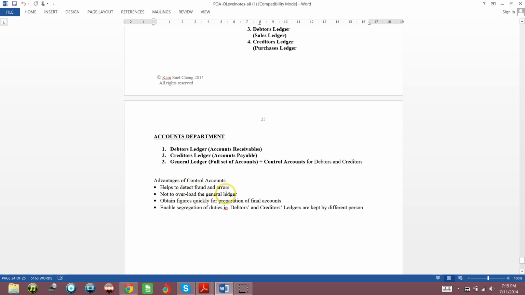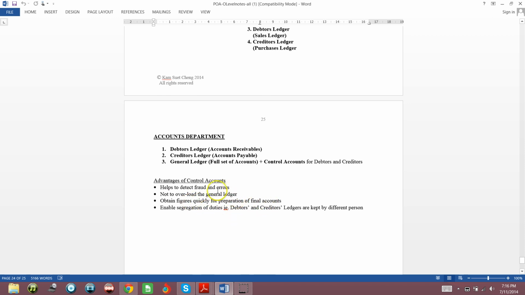It is to help detect fraud and error, and not to overload the general ledger with too many individual debtors or creditors accounts. If your company is very small, you only have 3 debtors and 2 creditors, you can put them in the general ledger. But if your company has 300 debtors and 200 creditors, that will overload the general ledger if you put all the individual accounts in it. And to obtain figures quickly for preparation of final accounts.